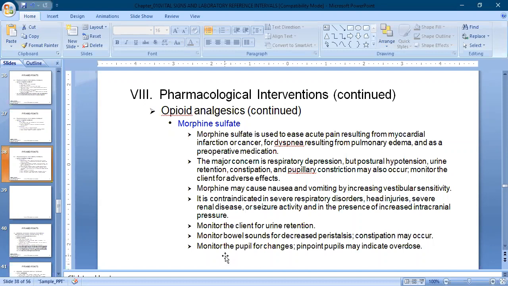Monitor the pupils for changes, as pinpoint pupils may indicate an overdose. So morphine is a medication for pain, but if you prescribe it, we have to monitor for the development of side effects, right?